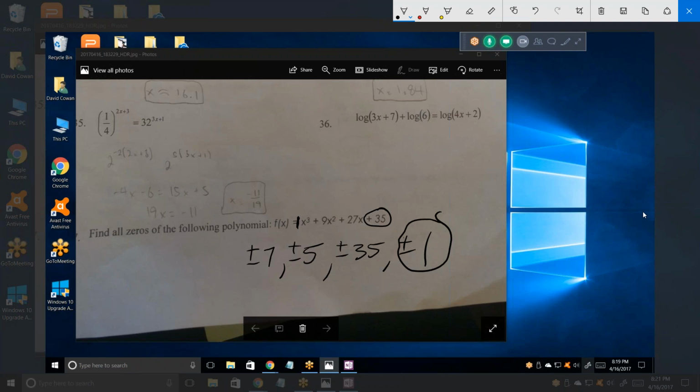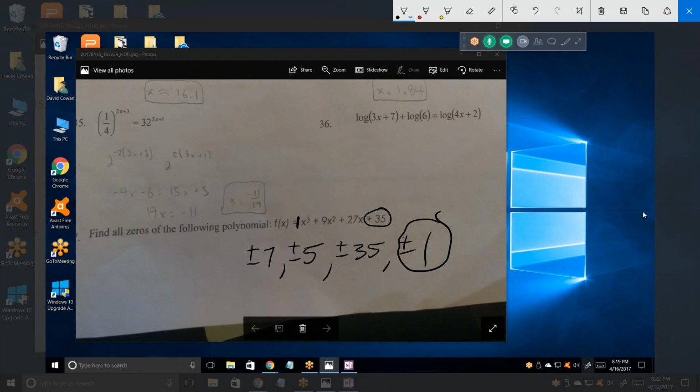That didn't work. I would try minus 1. If that didn't work, I would try plus 5. If that didn't work, I'd try minus 5, and that works. And by working, I mean that when you divide this polynomial by one of these zeros and get a 0 remainder, then that is a factor. You have found the solution.